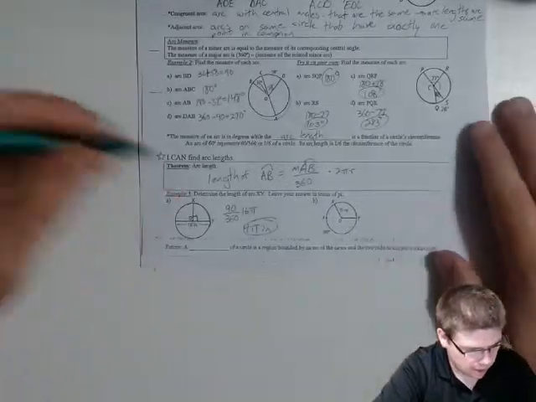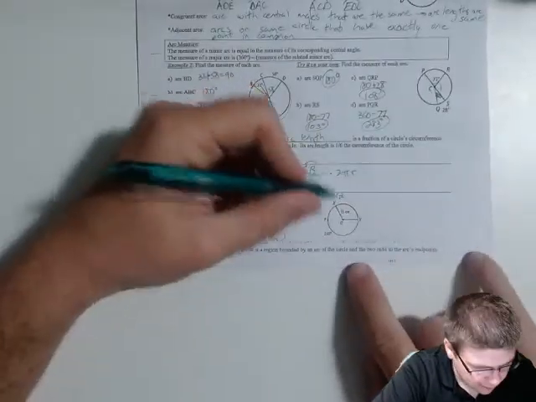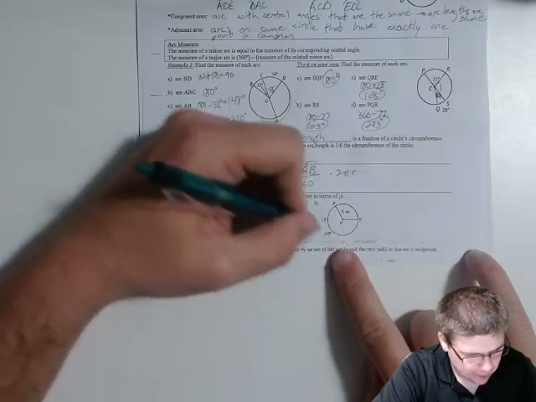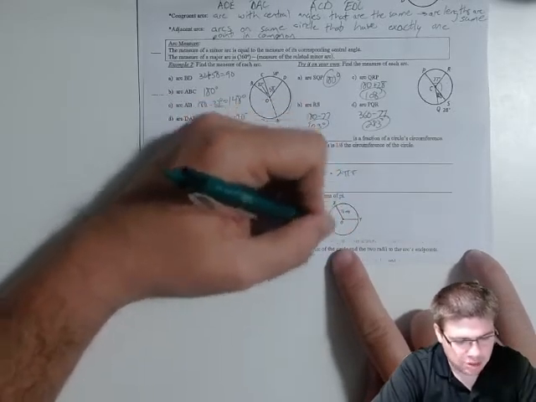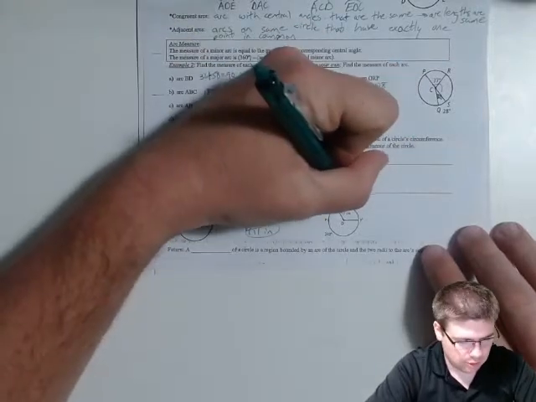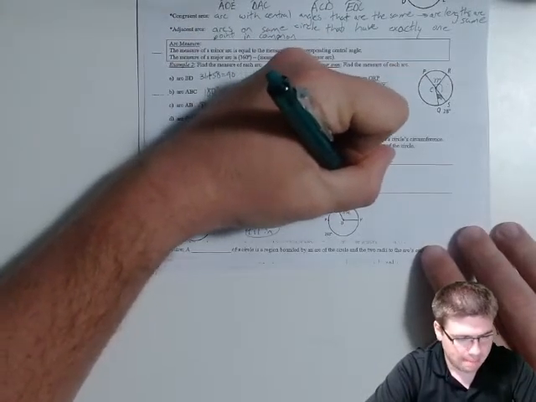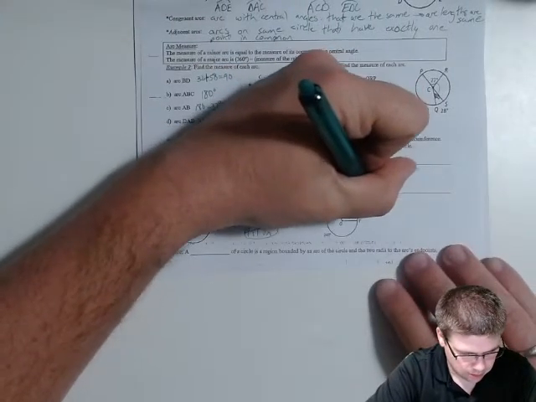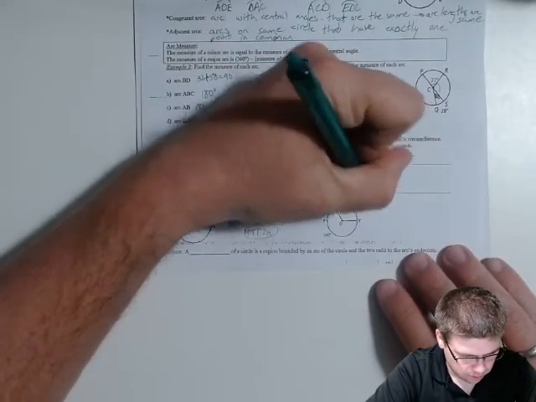The next one, XY, we have a 15 centimeter radius. We got a 240 degree, and they're giving us the arc XY, the major arc XY. So first of all, we can figure this out by doing 360 minus 240, which is 120 degrees.